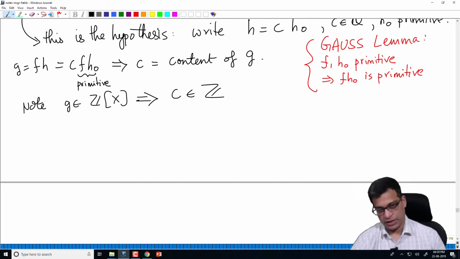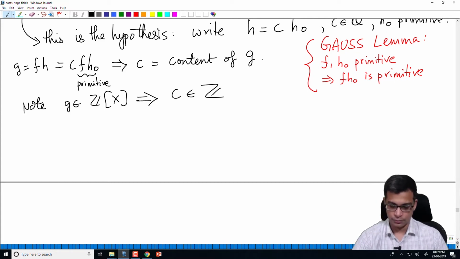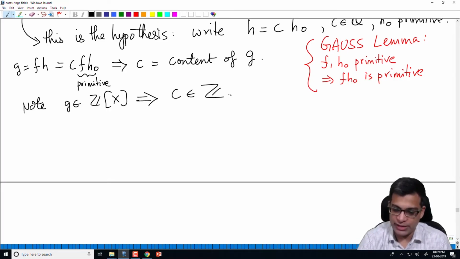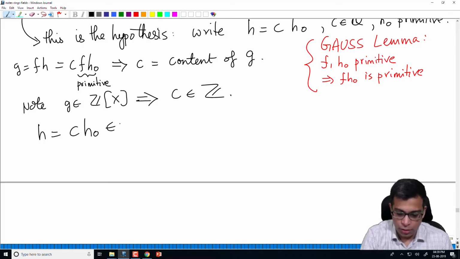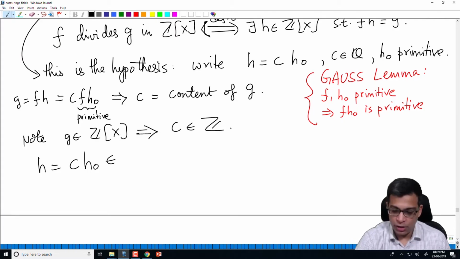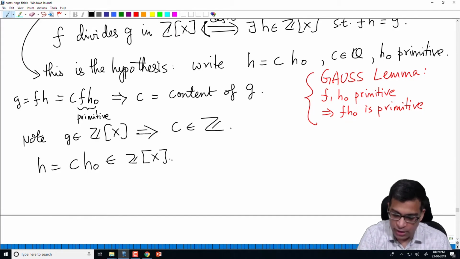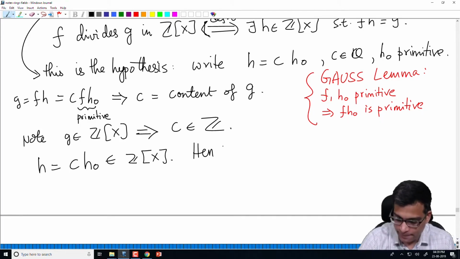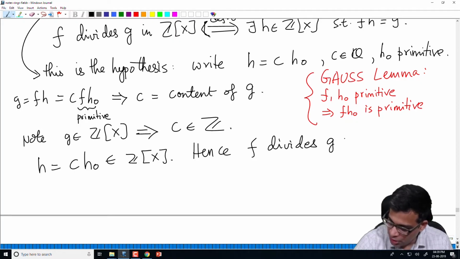If the polynomial we started with is actually an integer polynomial, then the content is actually an integer. Now c is in Z and h, remember, is c times h0. h0 is an integer polynomial because h0 is primitive. c we have just concluded is an integer, so h itself is in Z[x], and hence f divides g in Z[x].